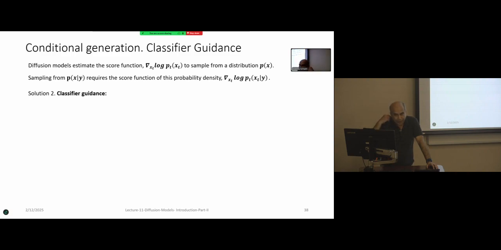Now the second thing is that we can actually train a classifier, which is called classifier guidance. Okay, so here is a very interesting idea: Bayes rule. Because we have this conditional probability of xt given Y, as you know from Bayes rule, we can express it using the conditional probability of Y given xt, the marginal probability of xt, and the probability of Y. So we can go the other way.